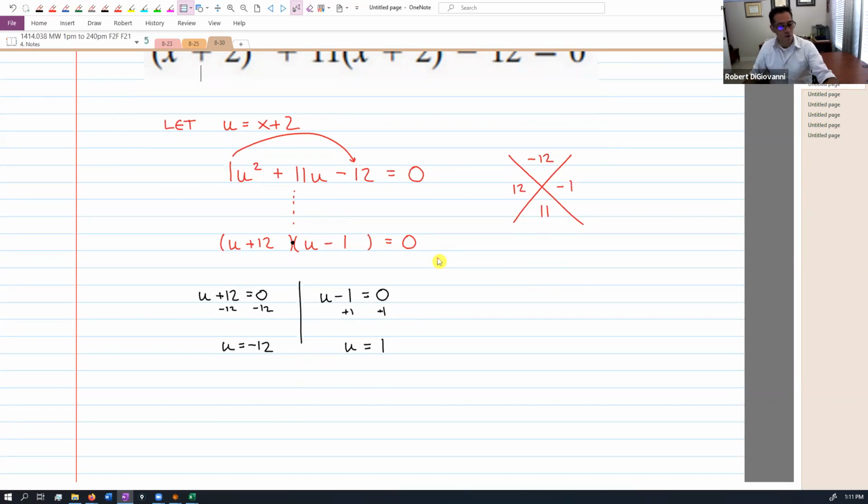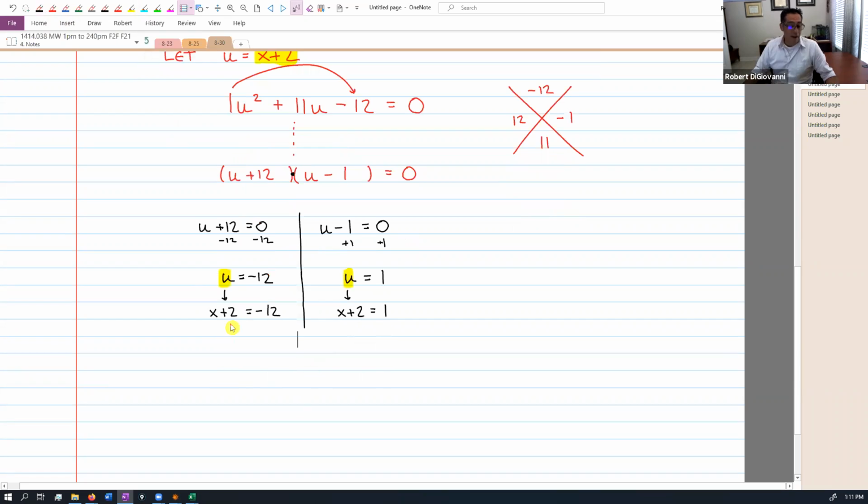So now at this point, we will replace u, right? We're going to replace those u's with what we said u was earlier in the problem, which was x plus 2. So I replace this u with x plus 2. Replace this u with x plus 2. And we continue. And now solve for x.